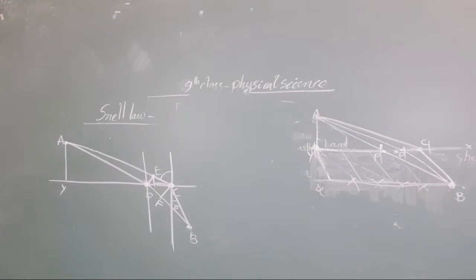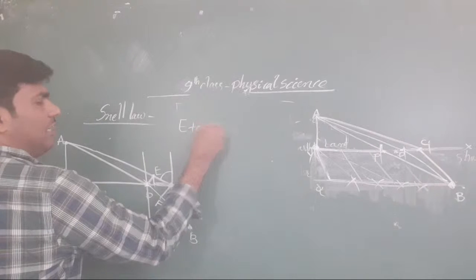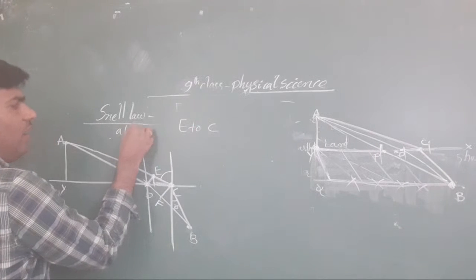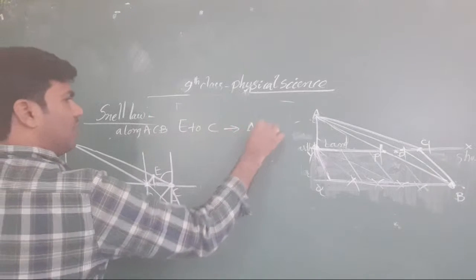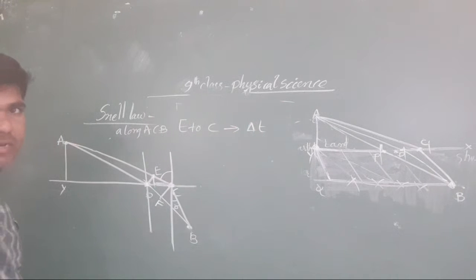And now we take the time taken to travel E to C along the ACB path as del T. The same time they are taken.